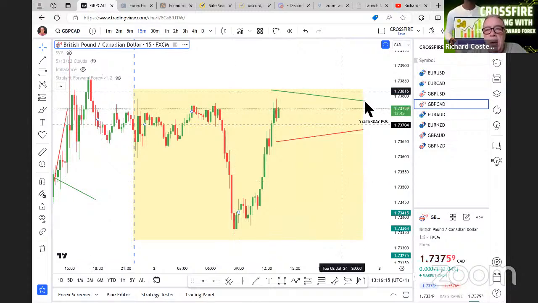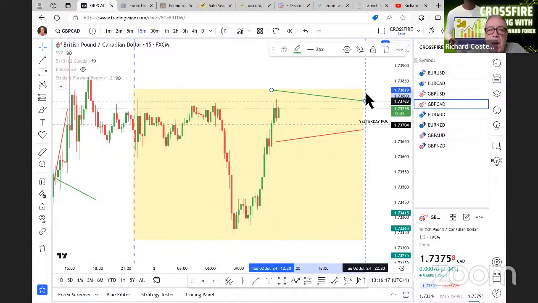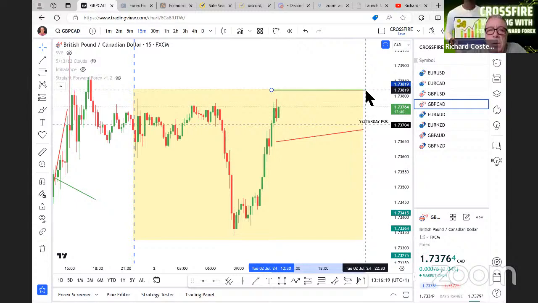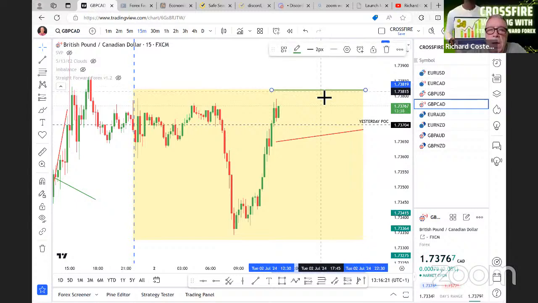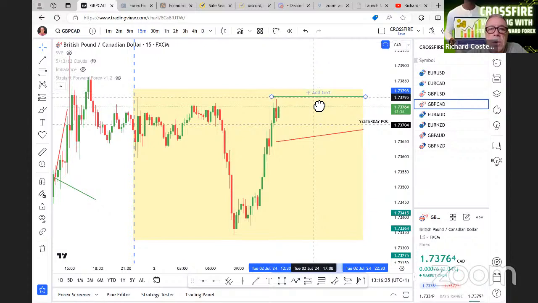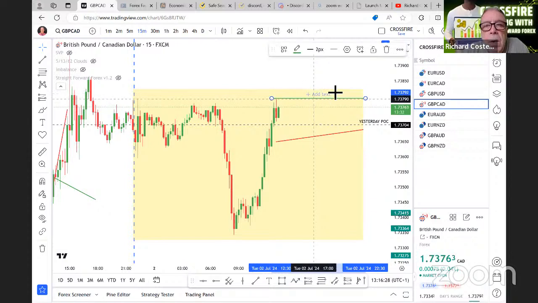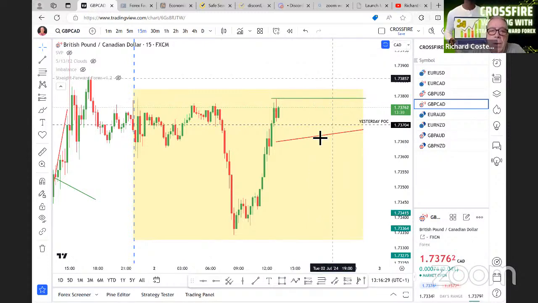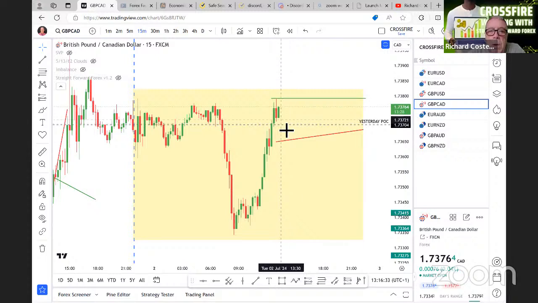So what I need to do is make this line horizontal, and then drag it down so that it touches the wick at the top of the 1 o'clock candle. There we go. Now if I look at the bottom of the 1 o'clock candle, there is a wick on it, and if I look to the left, there's the nearest lower candle.